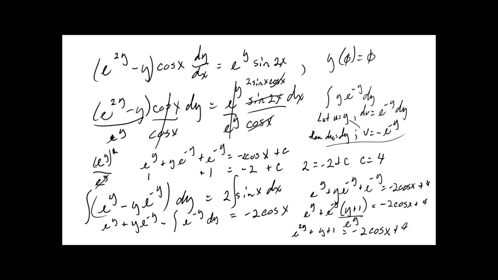I don't know if they'll do any of those. Let's see what they got as an answer. They left it in that very first form that we had there. E to the y plus y e to the minus y plus e to the minus y is equal to, they put the 4 in front, 4 minus 2 cosine x. Yep, that's what we did.